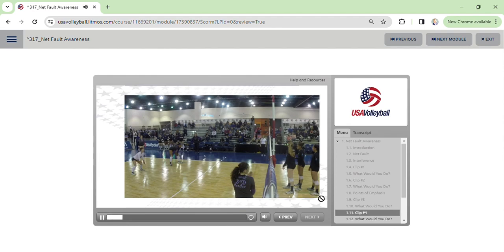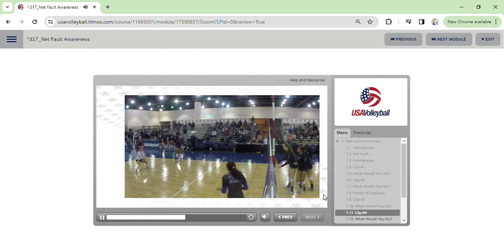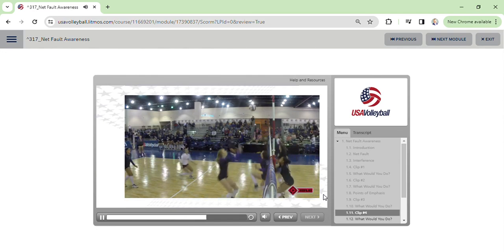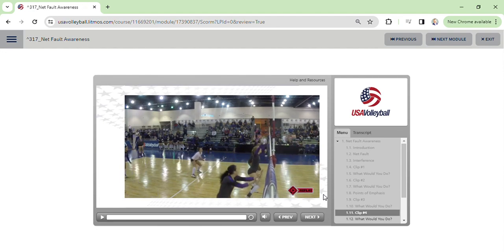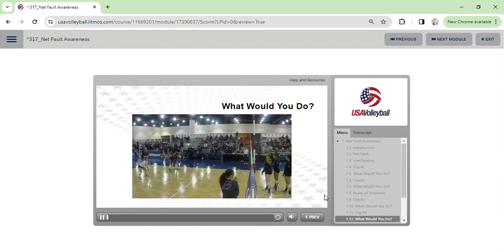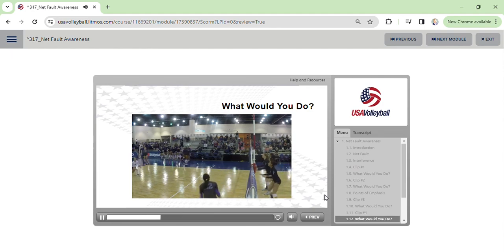In the next clip, the setter on your left contacts the net after completing a set. A teammate then attacks the ball and play continues. Watch it a second time and see if you can answer these questions. Does the second referee see the player contact the net?